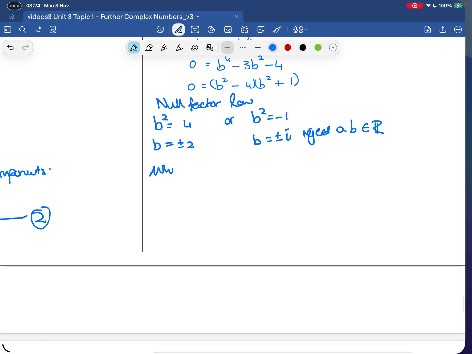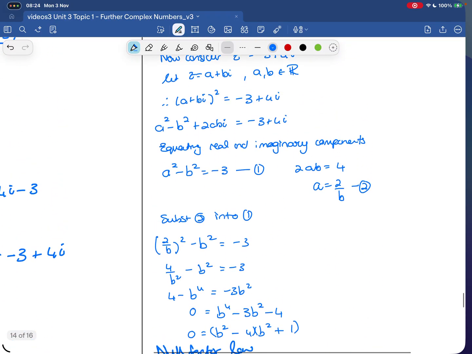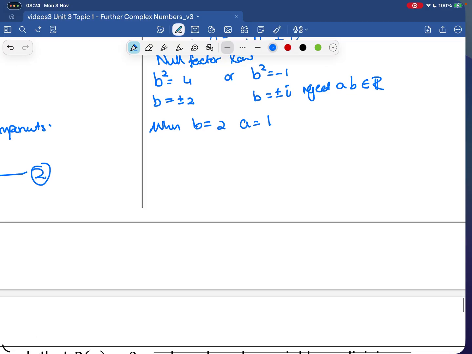And when b is equal to positive 2, a is going to be equal to, and what did we say? It was 2 over b, so positive 1. And when b was negative 2, a is negative 1. So therefore, my solutions will be plus or minus 1, plus or minus 2i.